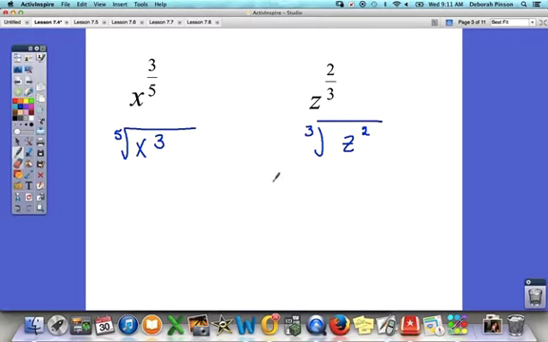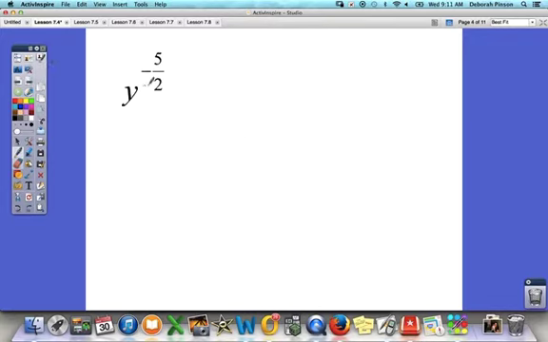Okay, now I want us to look at a few little simplifying things and a few opposite order things. So first of all, if you've got a negative exponent, remember that means your stuff goes in the bottom of a fraction. Now let me see if I can simplify this. So this is the square root of y to the 5th.